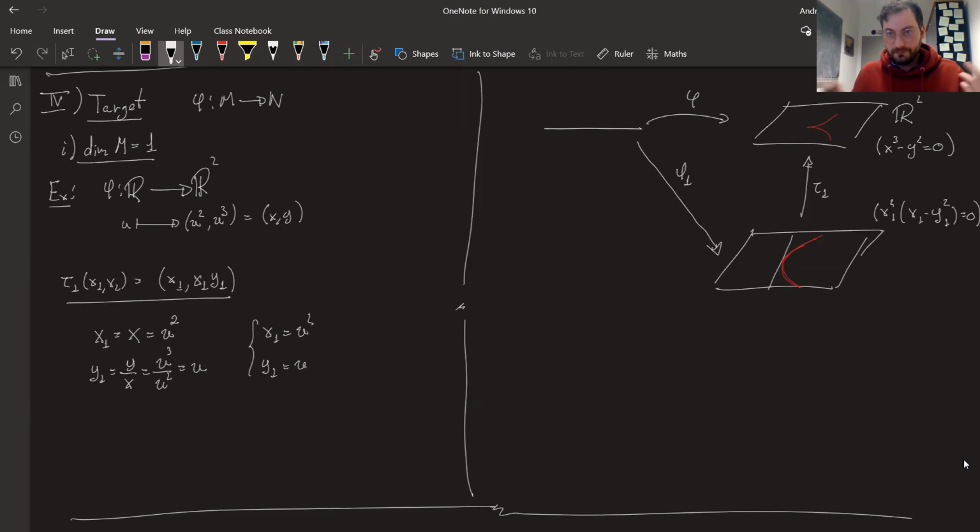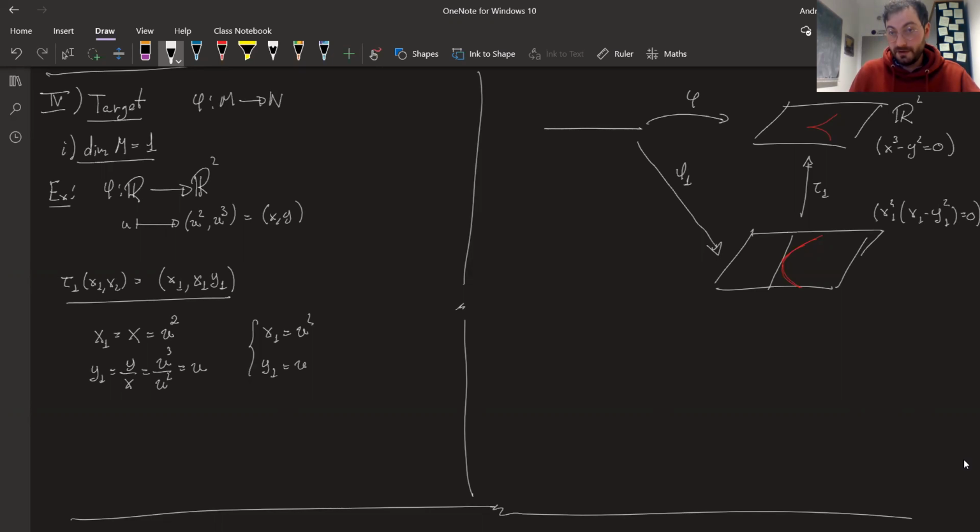But there's a more general reason for this, which uses strongly the fact that we are with dimension of m equals 1, which is the universal property of blowing up. The universal property of blowing up says the following: if you take a center of blowing up and take another morphism, and the pullback of the ideal that generated the center is principal, then the morphism factors through the blowing up.